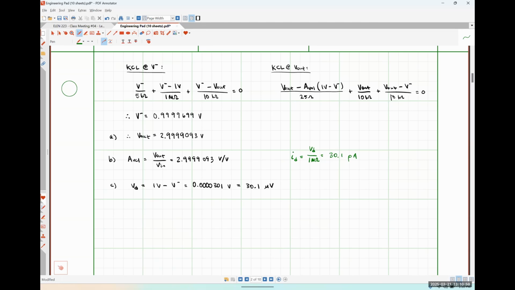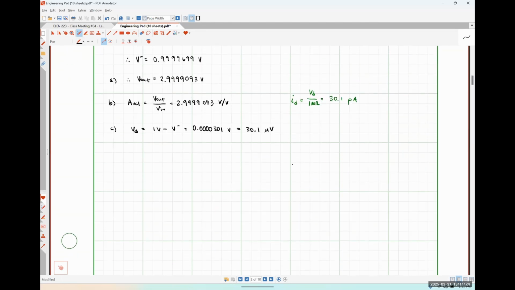So that's pretty much happening here as well. So hopefully we are starting to see that this type of analysis is actually kind of a waste of our time if we know how to do ideal op amp analysis. But that's only going to be valid for negative feedback circuits. Okay. All right. So let's talk about part D here.